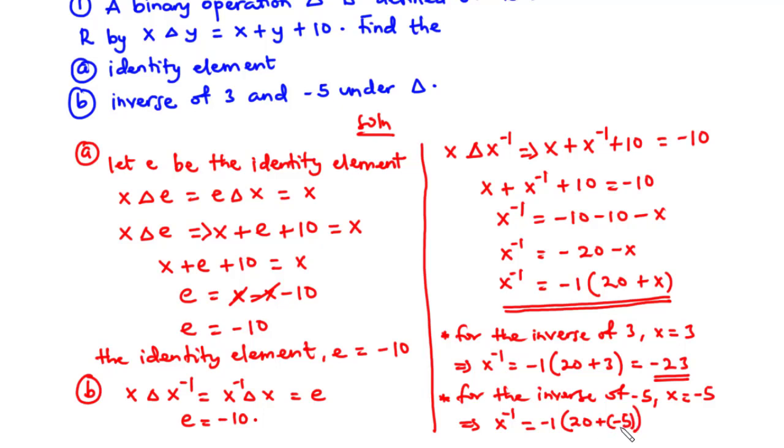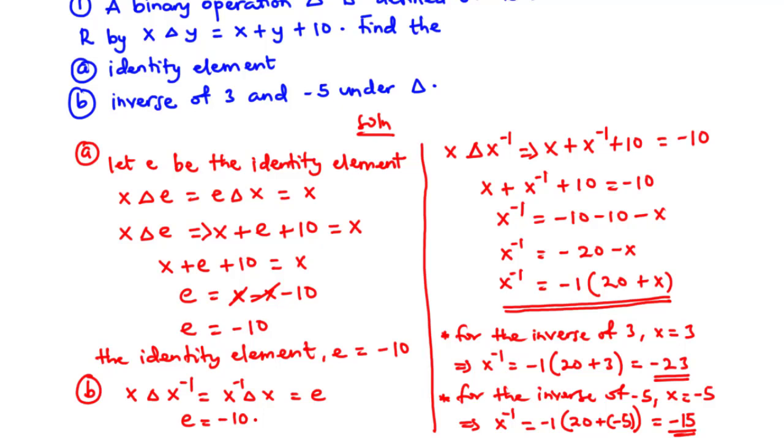So 20 plus negative 5, that is 20 minus 5, which is 15. And then 15 times negative 1 is negative 15. So the inverse of negative 5 under the operation delta is equal to negative 15. So that's it for this question.